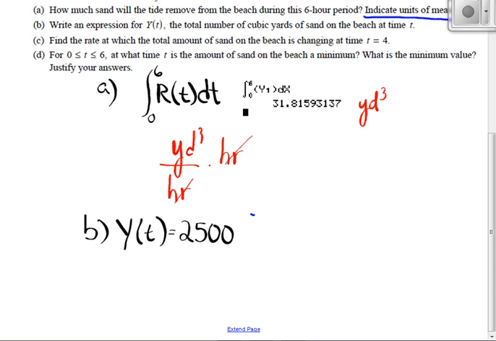I'm going to subtract the total amount that's going out, so the integral from 0 to t of r of t, or x, however you want to do it. But we're also adding sand in, aren't we? Plus, we're adding from 0 to t, s of t.